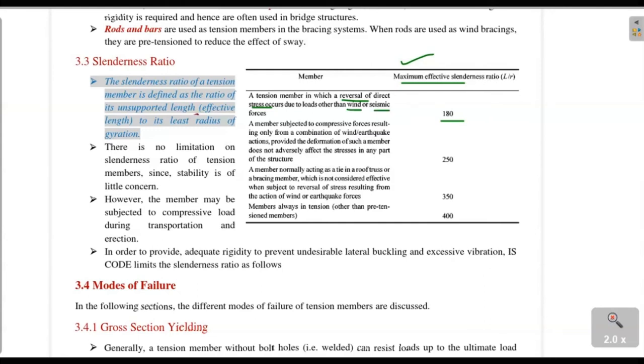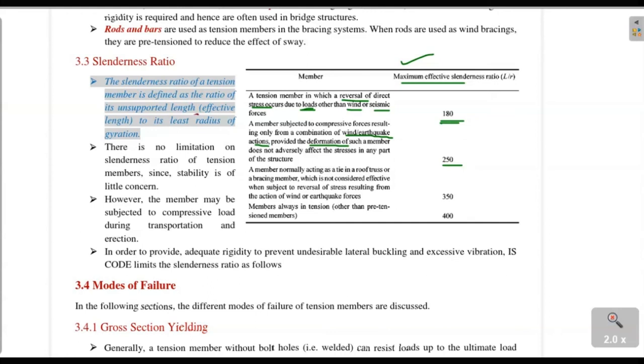But here, what the code is telling is, when tension members are subjected to reversal of stresses due to some loads other than wind or seismic, you have to limit the slenderness ratio to 180.